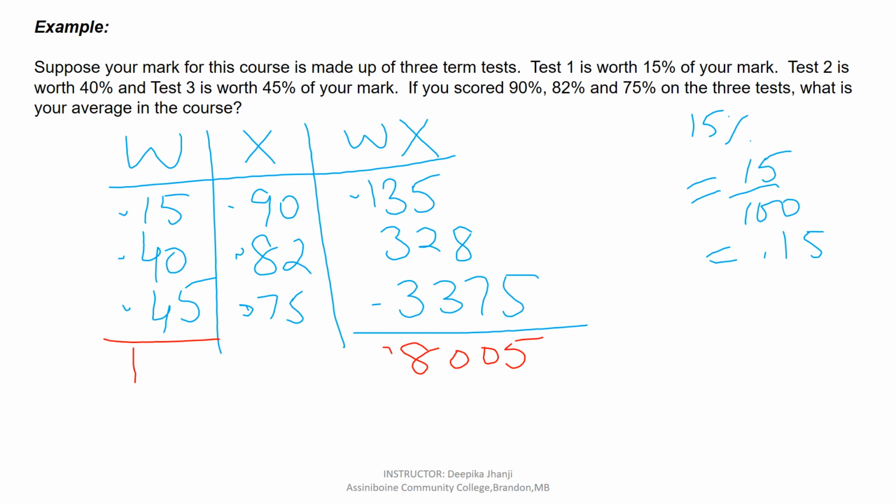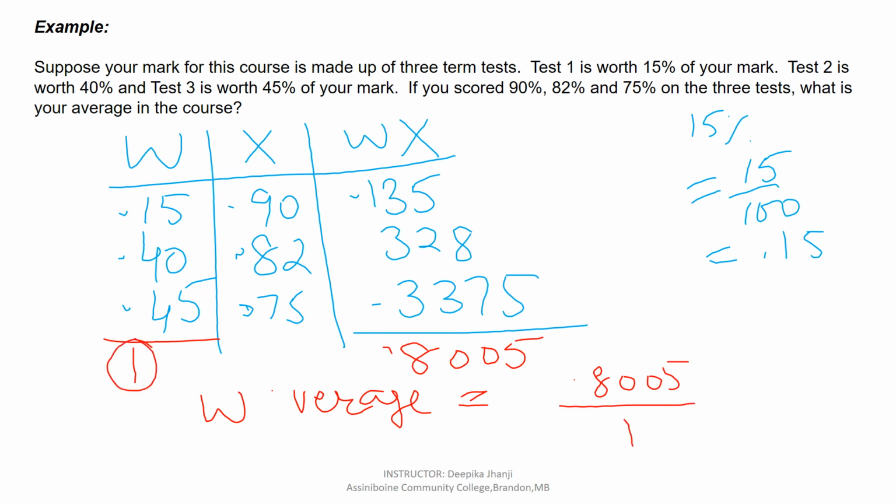Now the weighted average score is the sum total, that is 0.8005, divided by the sum of all weightages, which is 1. So you get 0.8005.